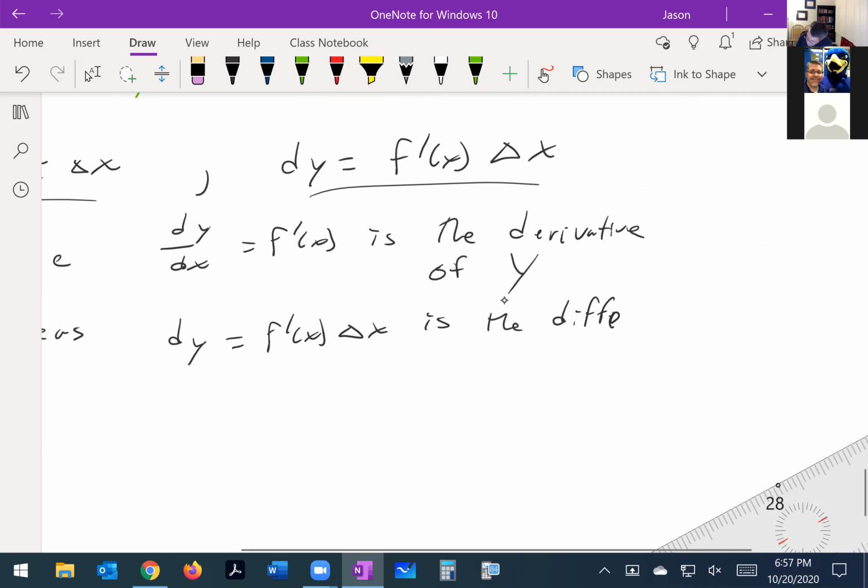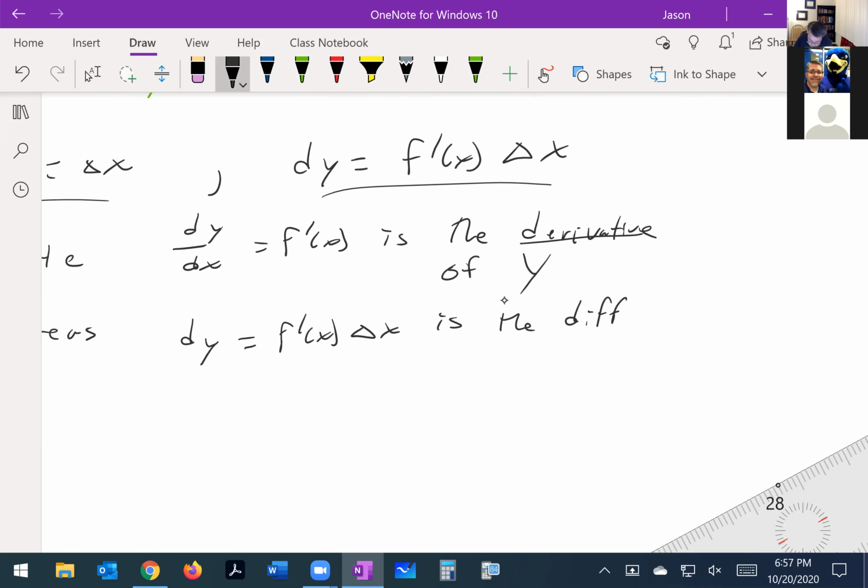So just don't get that confused. Don't get the derivative and the differential confused.